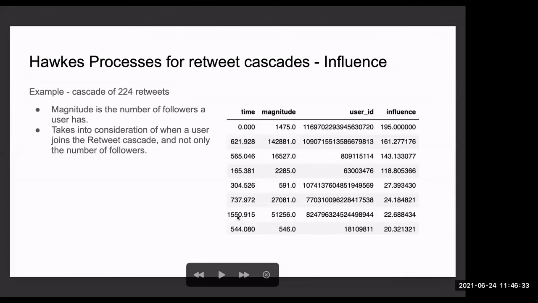Very late, a user with 50,000 followers retweets the tweet, but this user gets a pretty low influence because it's arriving quite late in the chain of events. It almost gets the same score as someone with half the followers, because that user tweeted earlier.